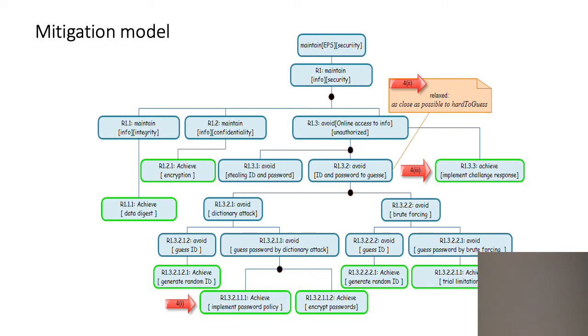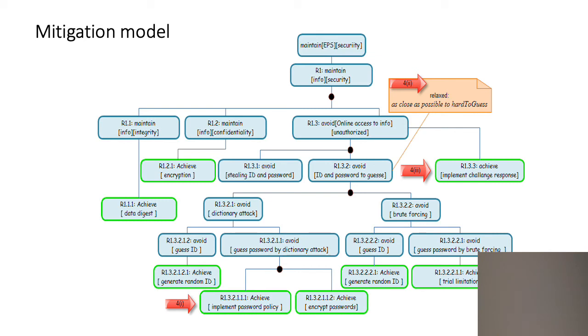Similarly, for the password, to prevent a dictionary attack, what should be done is implement a password policy and encrypt the password. So as you can see, just to avoid a dictionary attack, which is already identified in the requirement gathering phase, you have to make the ID a random ID, the password has to have an expiry policy, and the passwords have to be encrypted.